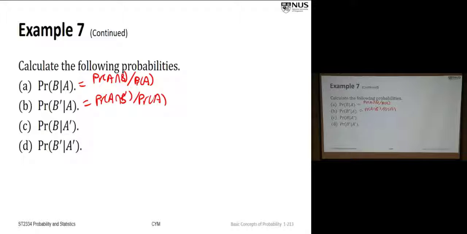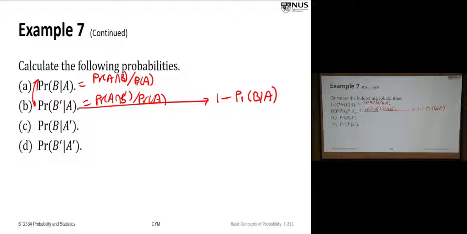Both B and B complement are conditioned on the same condition, that event A has occurred. So these two probabilities should add up to equal 1. In other words, this one can be written as 1 minus probability of B given A. Let me repeat it.